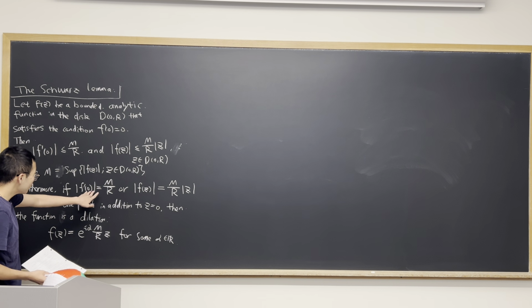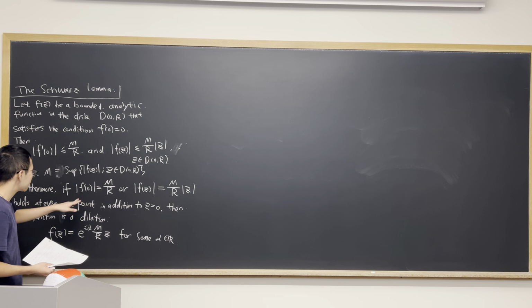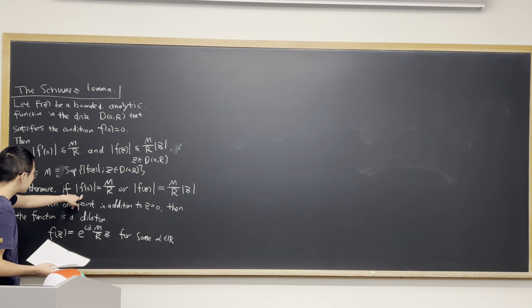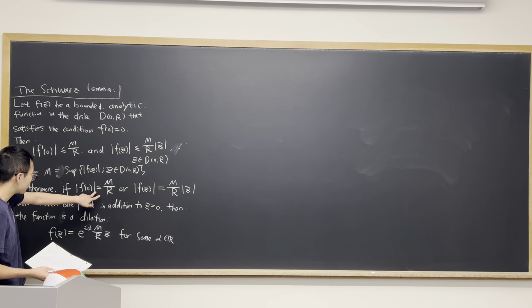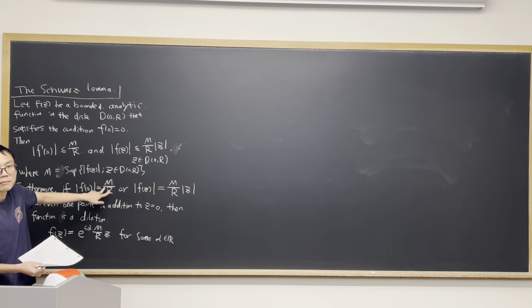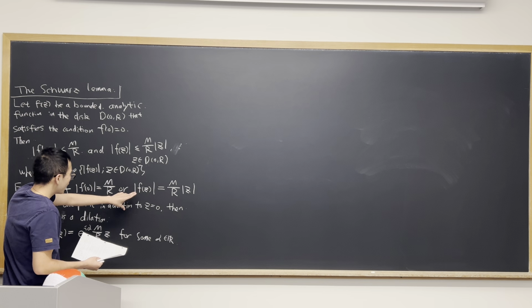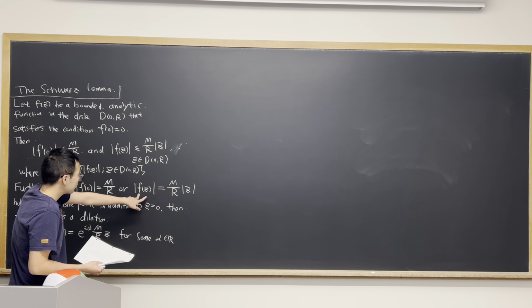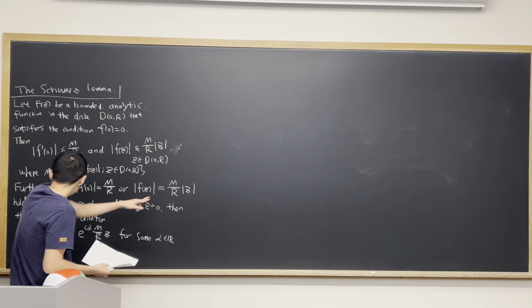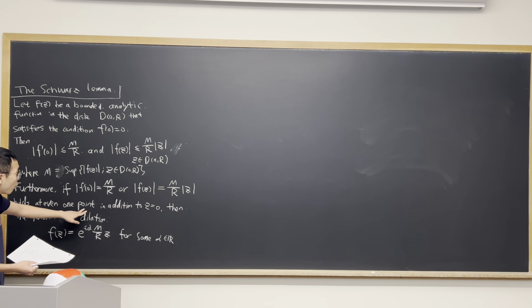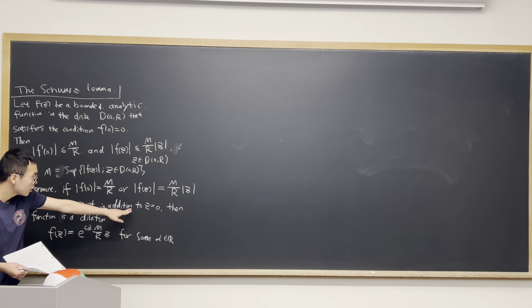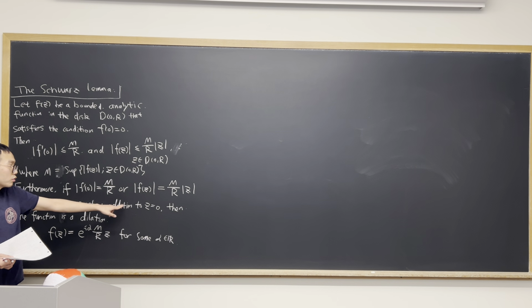So there are two different conditions. One condition is that the modulus of f prime at 0 is equal to M over R. Another condition is that the modulus of f(z) is equal to M over R times the modulus of z at one more extra point other than z equal to 0.